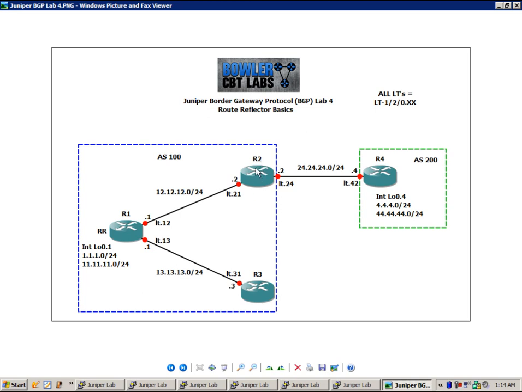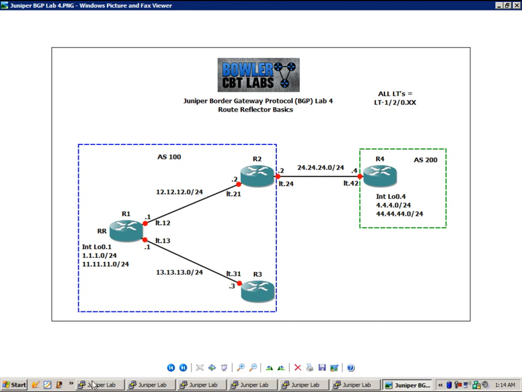A route learned via an IBGP neighbor, which was router 2 to router 1, is not sent to another IBGP neighbor by default. And that is, router 1 will not pass this route, the 4 network, to router 3.